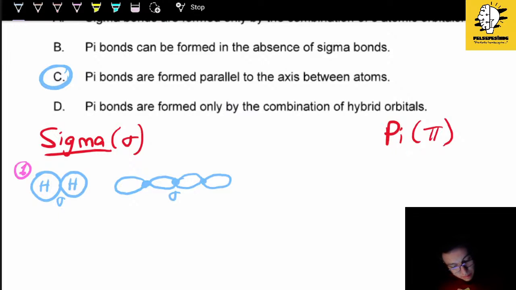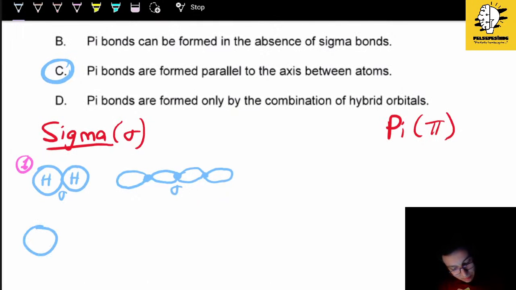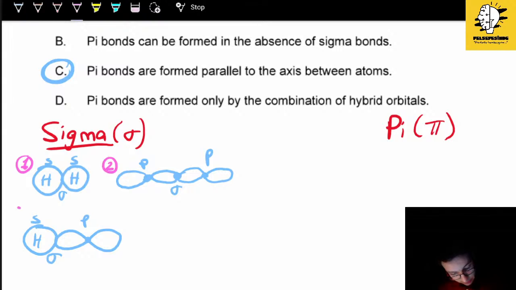And the third case might be between an s and p orbital as well, right? So this is P, this is S. So we have realized that there are three cases, or it could be hybridization, so more cases as well for sigma bond. And head-on overlapping, this is very important.